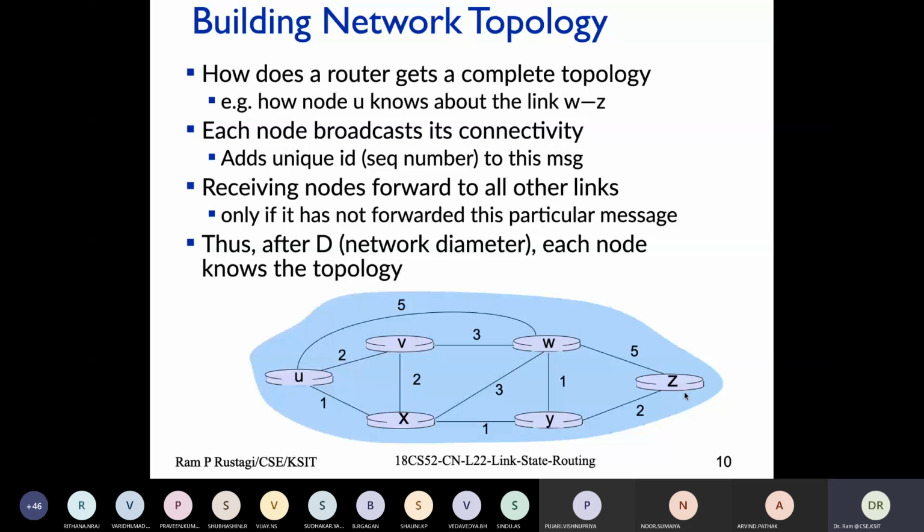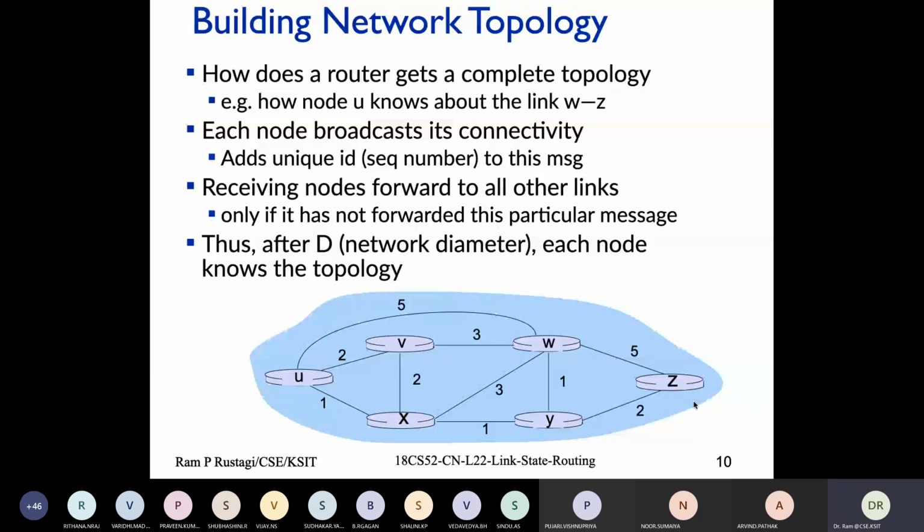Diameter in the graph is the minimum length between the two farthest nodes. So if you look at U and Z, how many edges will you need? Two or three?